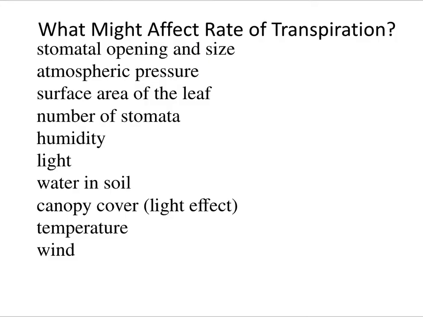Now, lots of things can affect the rate of transpiration. The opening of the stomata, closing of the stomata, atmospheric pressure, a whole number of other things that you can read here. How much light there is, whether the wind's blowing, even the shape of the leaf can affect the rate of transpiration. And rate of transpiration is important because in areas where there's not much water, you want to conserve water.